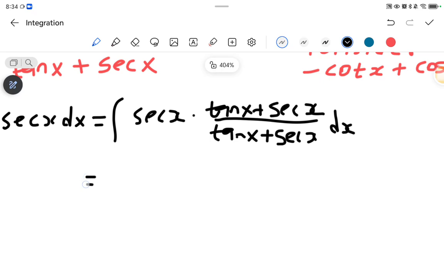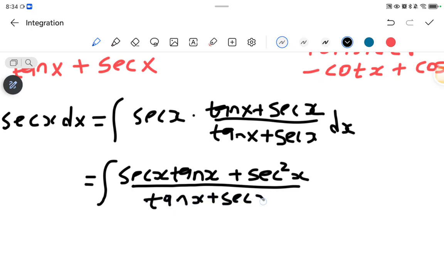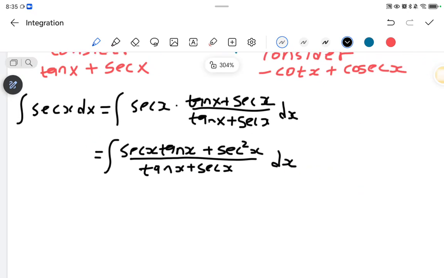Then this will be equal to the integral of sec x tan x plus sec squared x, all over tan x plus sec x dx. And then we use substitution: we're going to let u be equal to the denominator.